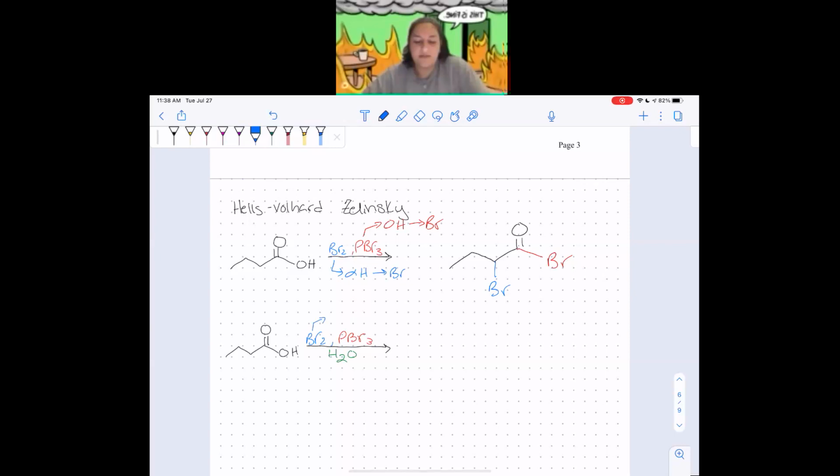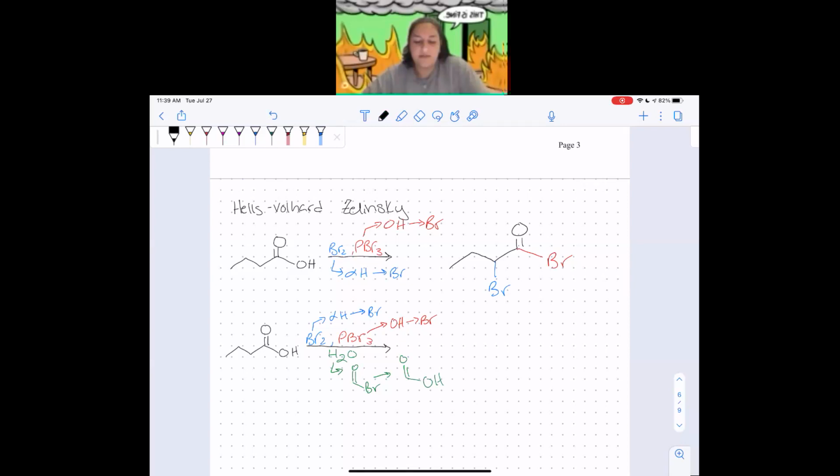And for the second example, nothing is changing in the first two steps, but we're adding an extra step where this H2O is going to do a nucleophilic substitution reaction, and it's going to turn this back into an OH.